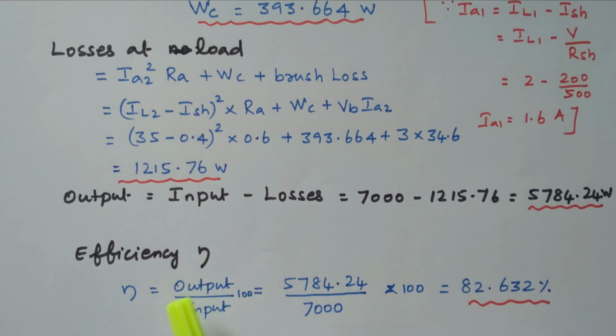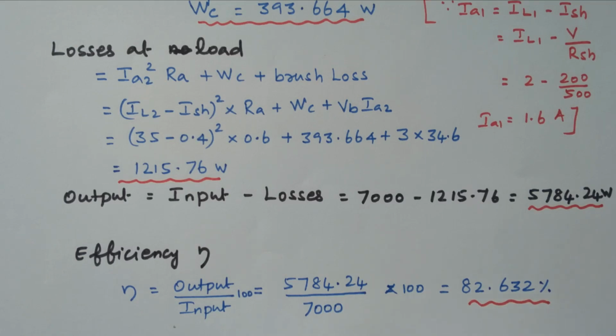Now we have the input power as well as the output power, so we can easily calculate the efficiency. Efficiency is output divided by input into 100. The output is 5784.24 watts and the input power is 7000 watts, into 100. That is equal to 82.632 percent. The efficiency of the motor is 82.632 percent.